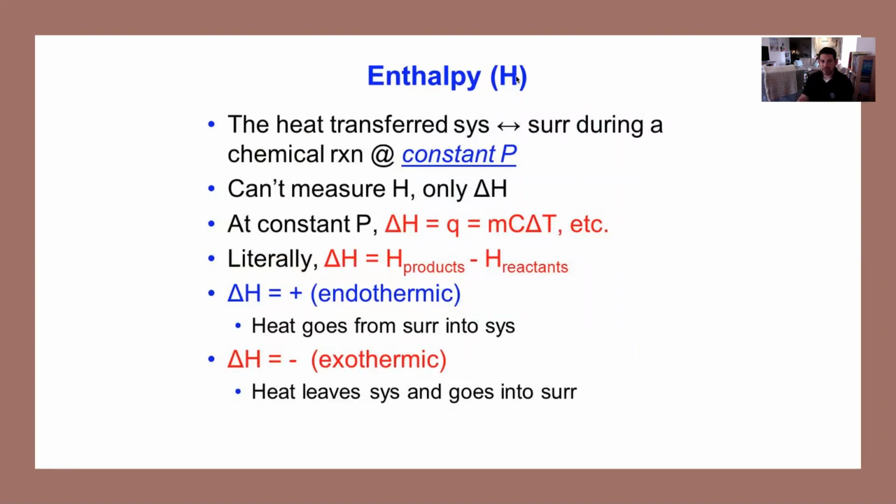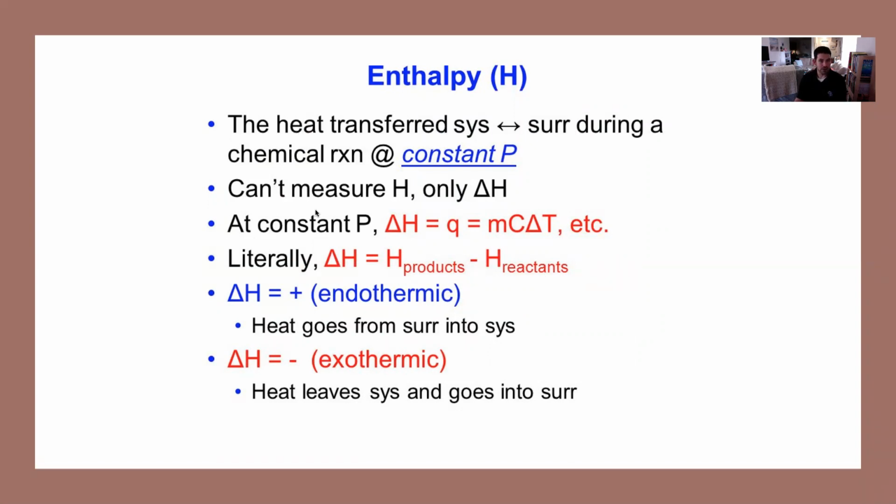It gets the symbol H, and it's the heat transferred between systems and surroundings during a chemical reaction. We can't measure the individual enthalpy of, let's say, the reactants or the products. We only measure the delta H, right? That's the difference in enthalpy. So that's the difference from reactant to product. And so delta H is the enthalpy of the products minus the enthalpy of the reactants.